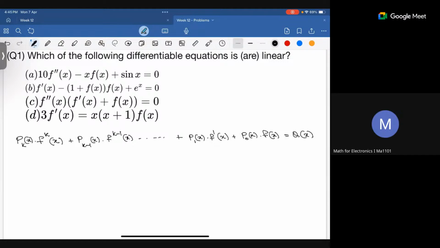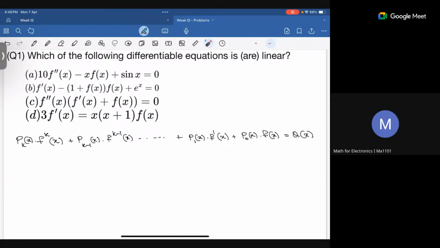So why kth order? The highest differential term in this particular expression is f differentiated k times. Right, so therefore the order will be k, but that's not the story.